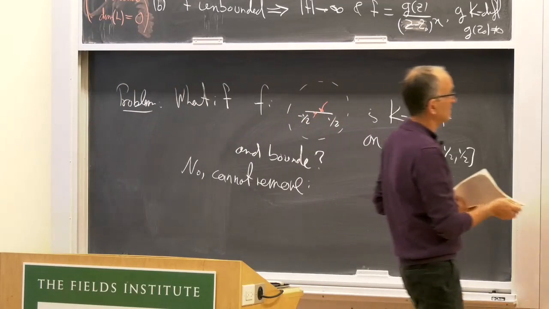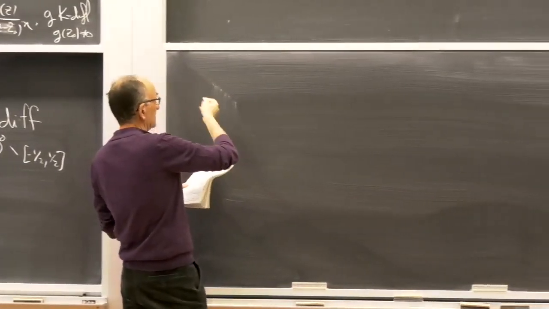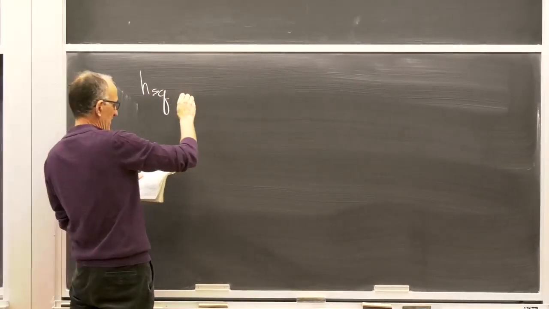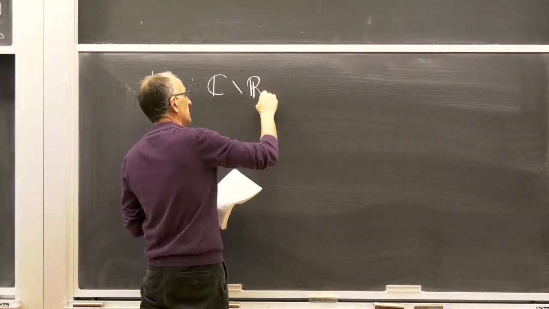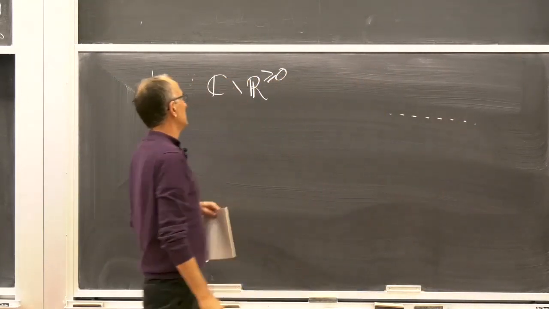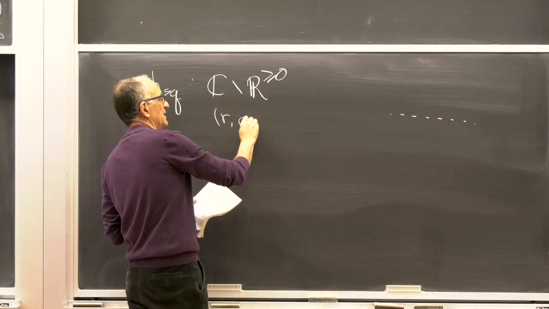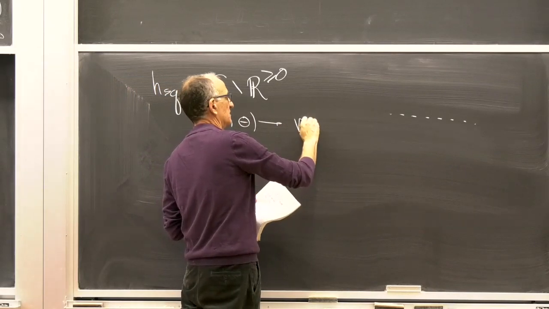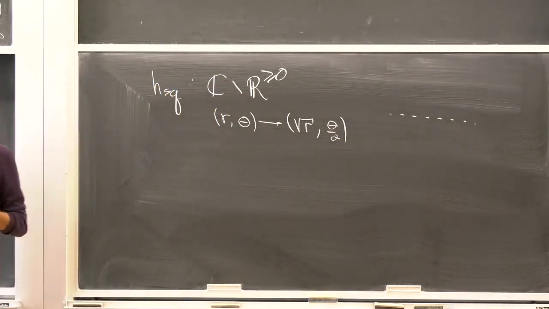And the reason for that is the following example. First, consider a square root function. From C minus the positive reals, on a slit plane, consider a square root function. By this, in polar coordinates, I mean (r, theta) goes to the square root of r, theta over 2, which makes sense here.